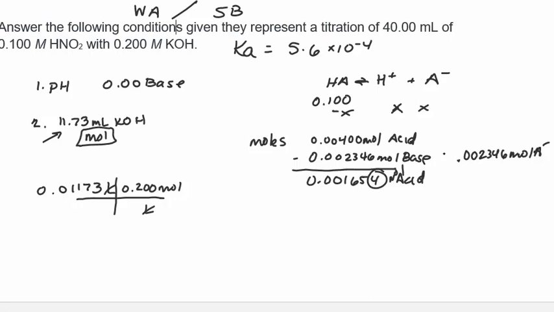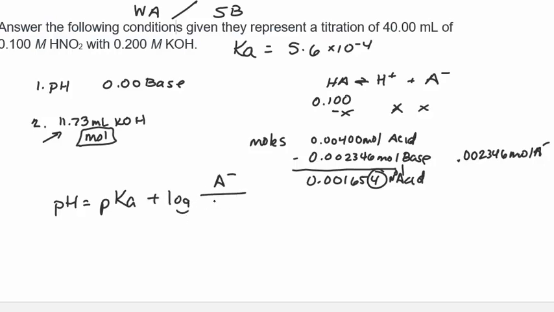So now I can use the Henderson-Hasselbalch equation. Remember that the Henderson-Hasselbalch equation is pH is equal to the pKa plus the log of the ratio of the conjugate base over the weak acid. Now we could calculate molarity, or we could just leave these in moles. Find the pKa. In order to find the pKa, you take the log of the Ka, drop the negative sign.